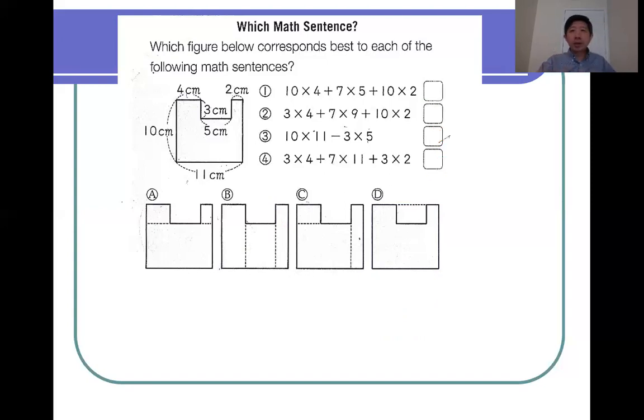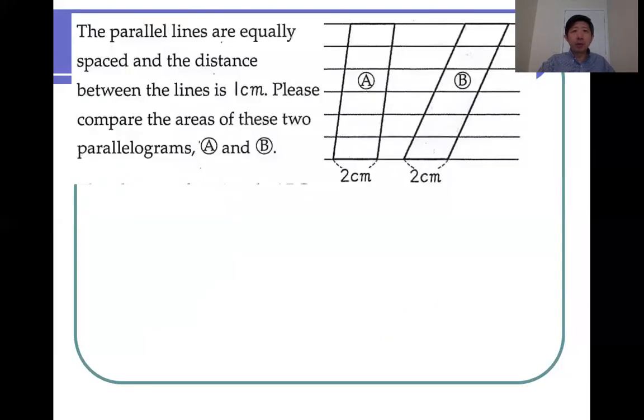All right, next problem. Now the parallel lines are equally spaced and the distance between the lines is 1 centimeter. And compare the area of these two parallelograms.